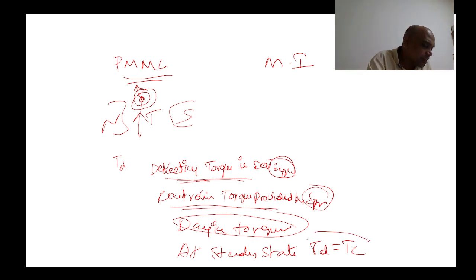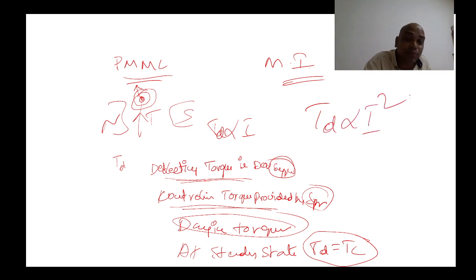See here in PMMC, deflecting torque is directly proportional to current. But in moving iron, deflecting torque is directly proportional to I square, the square of the current. Controlling torque is directly proportional to theta, here also. But at steady state, both are the same.